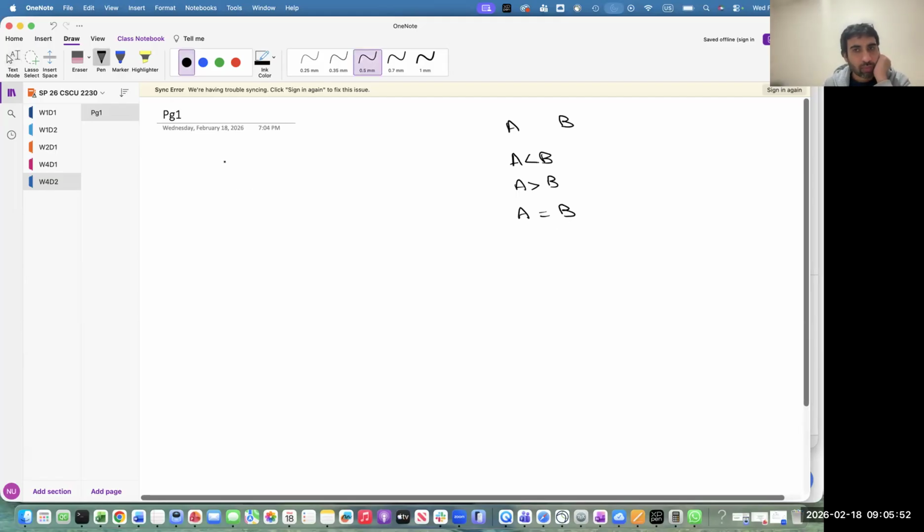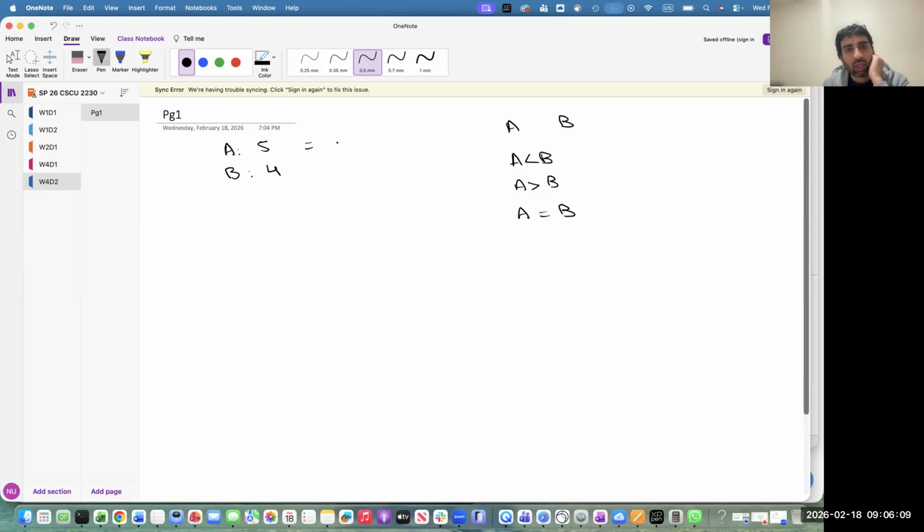So let's say I take 4-bit values. Let's say A is 5, and B is equal to 4, right? Now I'm writing 4-bit values of both unsigned numbers. So this is 0101, and this one is 0100, right? Now for comparison purposes, I can say, okay, let me perform A minus B, right?